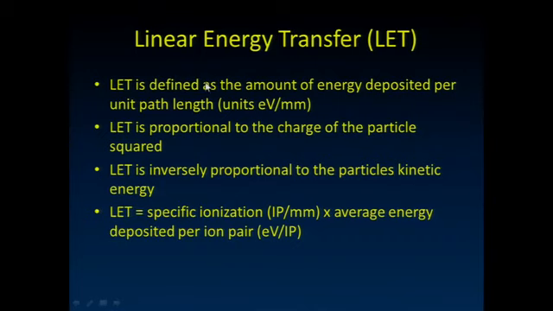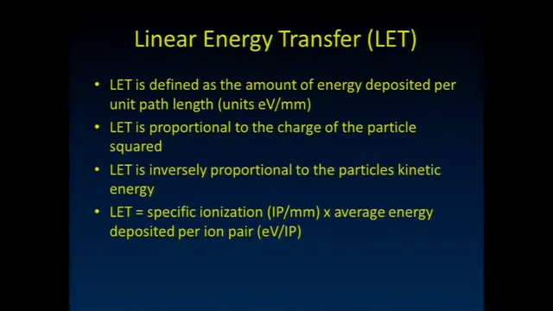So linear energy transfer is defined as the amount of energy deposited per unit path length. So the units are in electron volts per millimeter. It's proportional to the charge of the particle squared. So the more charge something has, the more energy it's going to transfer. And it's inversely proportional to the particle's kinetic energy, which is a little bit counterintuitive.